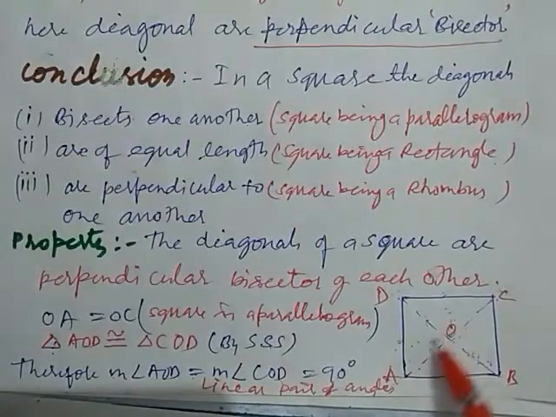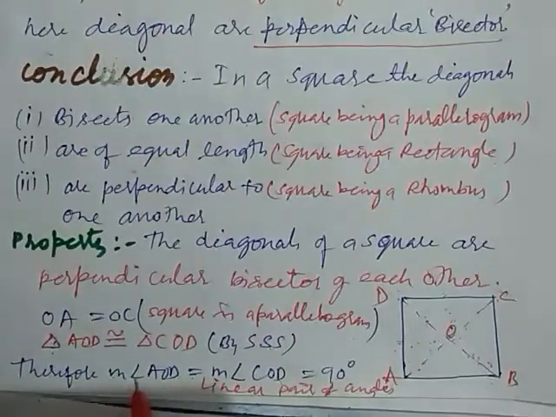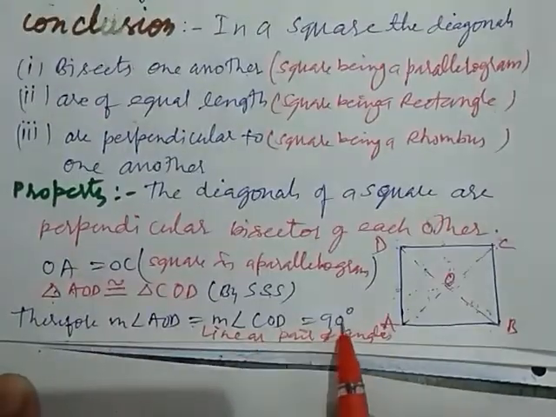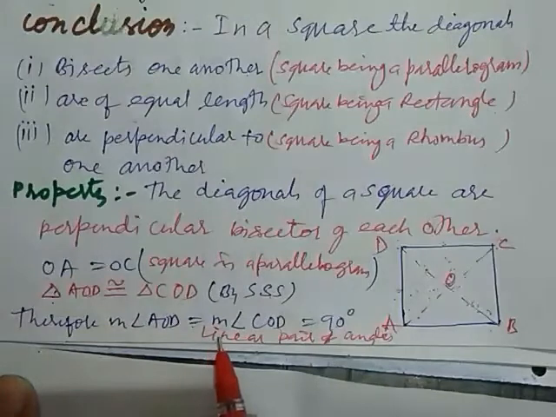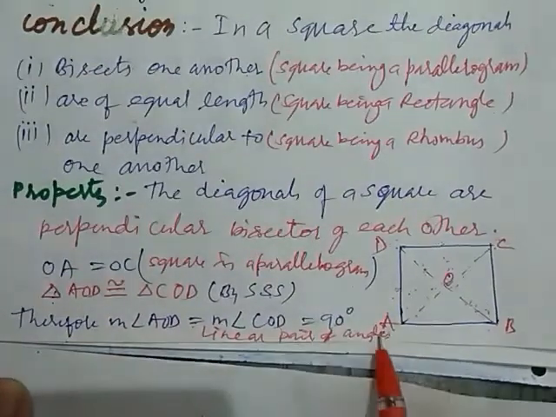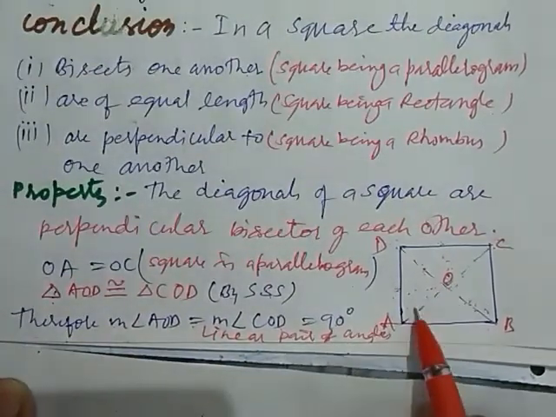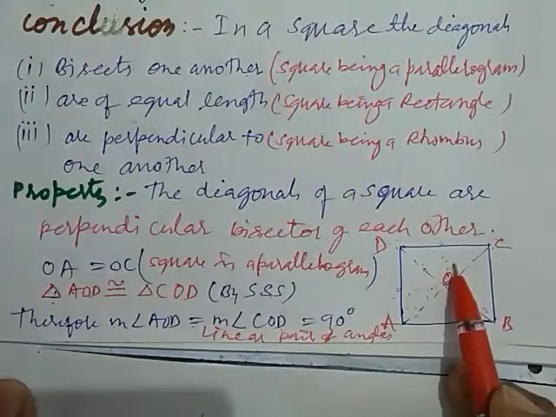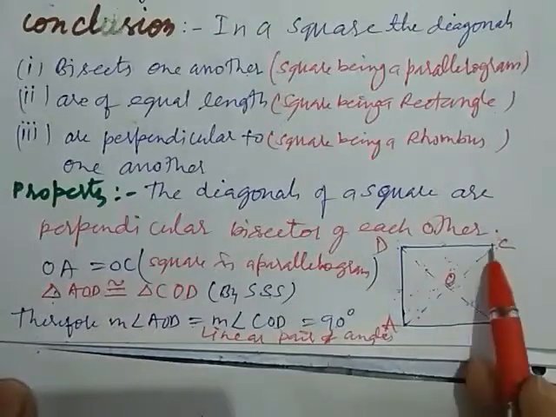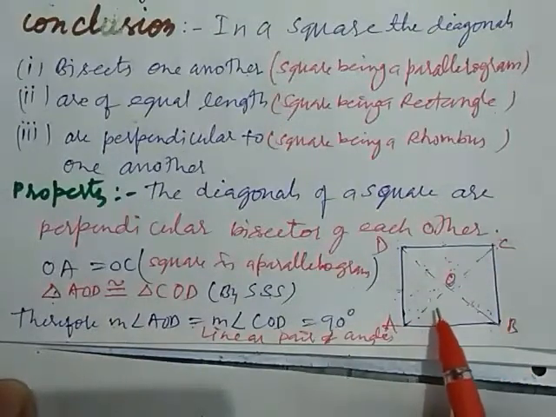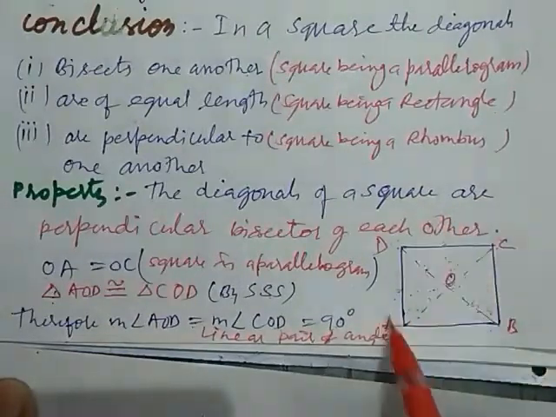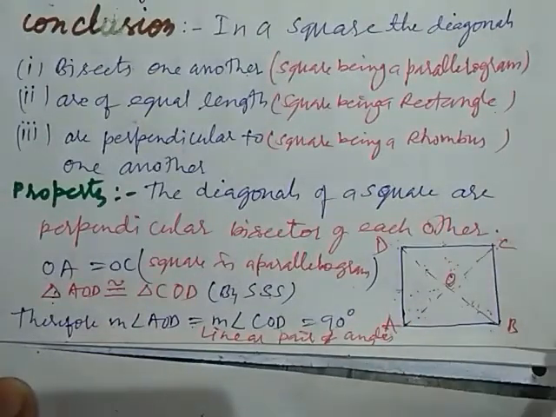So the sum of these two angles is 180, so a single angle is 90 degrees. Here the measure of AOD and the measure of COD become 90 degrees with the help of linear pair of angles. With the help of linear pair of angles, these two angles are right angles, and that's why the diagonals are perpendicularly bisecting each other, and the square becomes the king of quadrilateral.